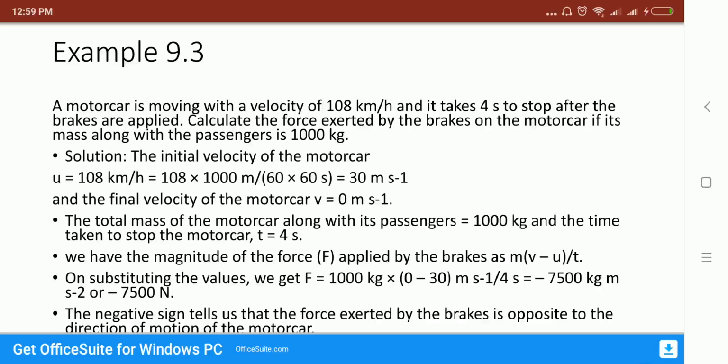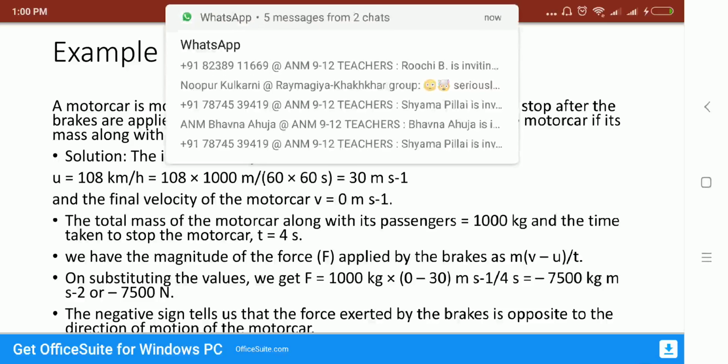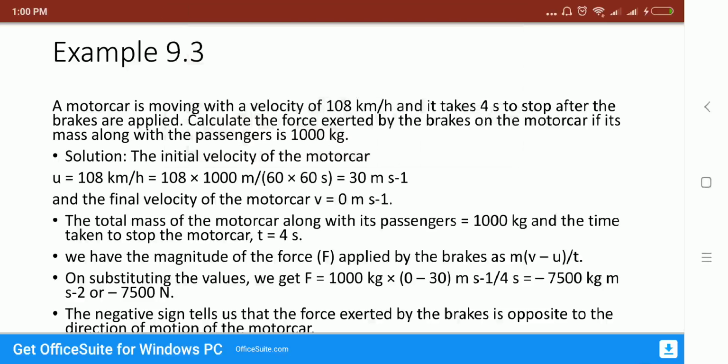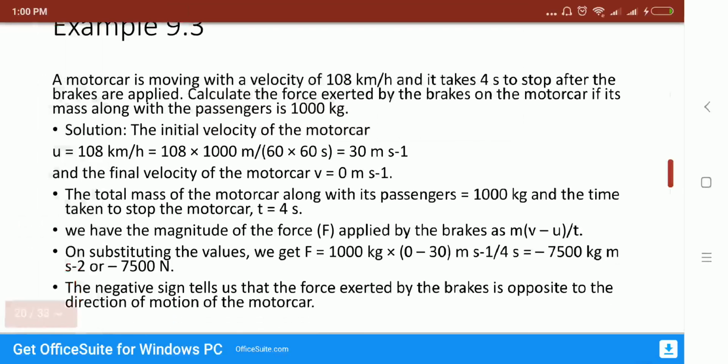Mass of the motor car is 1000 kg, and as the motor car is in motion, while the brake is applied, it takes 4 seconds to stop. So time duration after applying the brake is 4 seconds. So how much force is required?